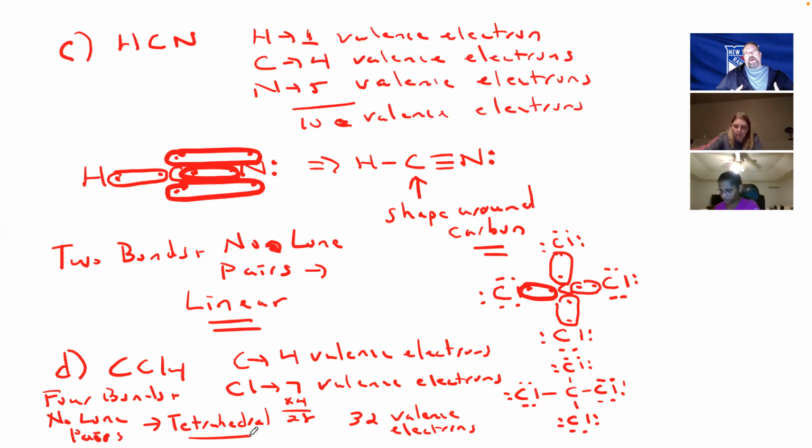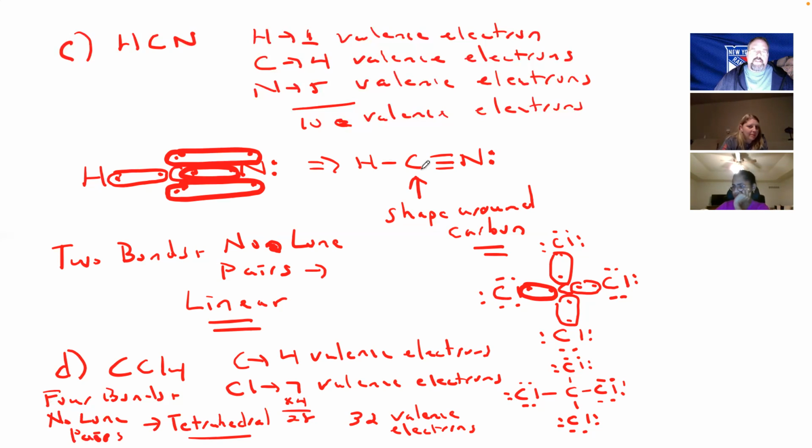So really, it's about figuring out the Lewis dot structure and then using a knowledge of VSEPR theory around the central atom to predict the shape. The central atom, that's the key. In the previous example, it's not about the hydrogen, it's not about the nitrogen, it's about the carbon, because the carbon's in the middle.